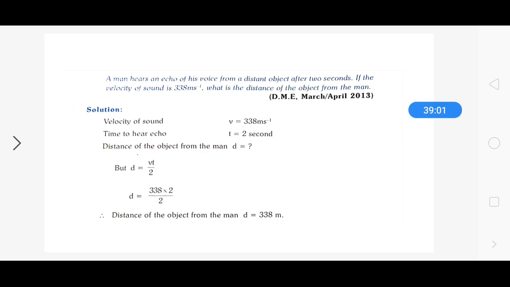We know that D is equal to Vt by 2. So that is 338 into 2 by 2, which is equal to 338 meters, the distance between the object and the man.